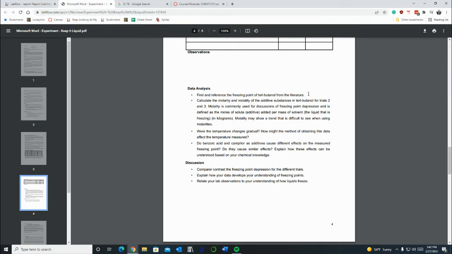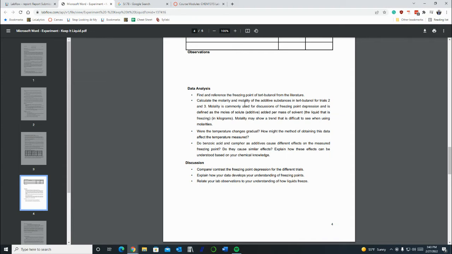So first, it's going to tell you to find and reference the freezing point of terpbunyl. So just look for a database where it has this, maybe one that we've looked at before. There is one very popular one that we've looked back in our references activity and recitation. So just find a published value of the freezing point of terpbunyl, and then you have to cite it. Citing's half your credit for this question.